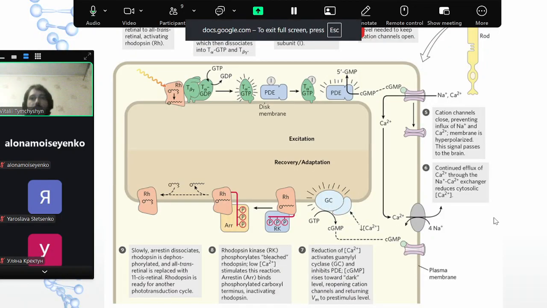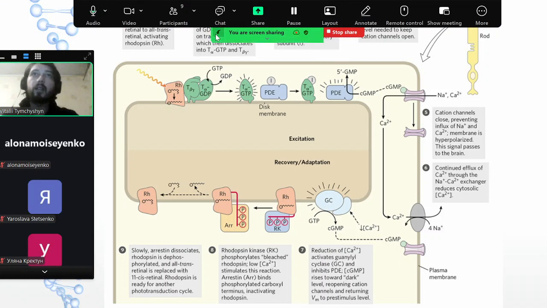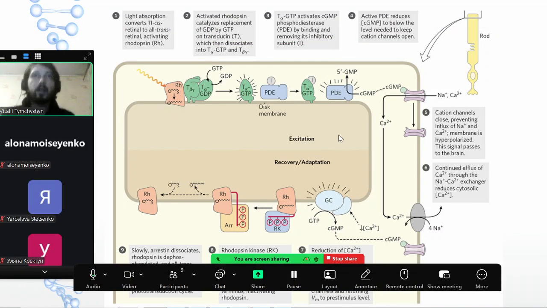Let's check some details of this signaling cascade. Well, we're doing biochemistry, so we need to get into some molecular details. Here you have, let's say, step number 1. Light absorption converts 11-cis-retinol to all-trans-retinol and activates the rhodopsin. Activated rhodopsin, well, it's pretty typical for G protein coupled receptors. What do they do?